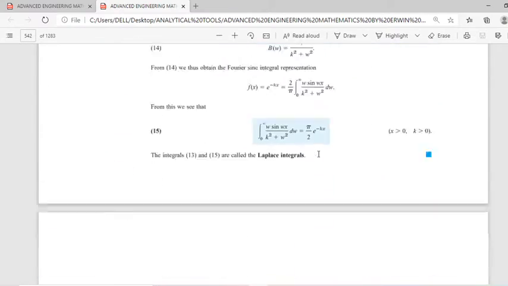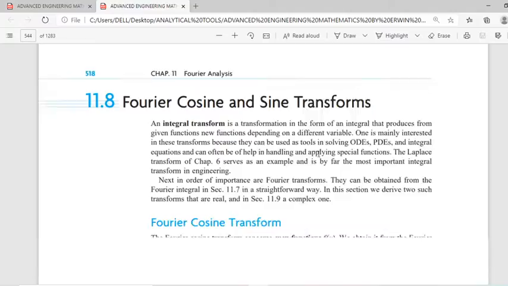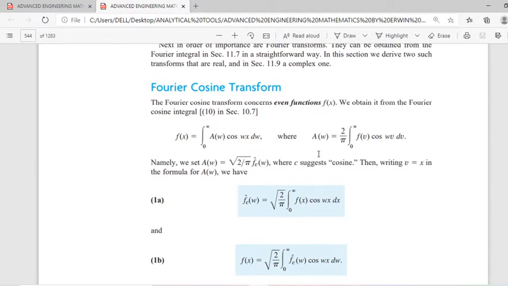You can use that formula here. We have f of x equal to integral 0 to infinity a of w cos wx dw. Let us set a of w equal to root of 2 by pi into f c cap of w. Here c refers to cosine.